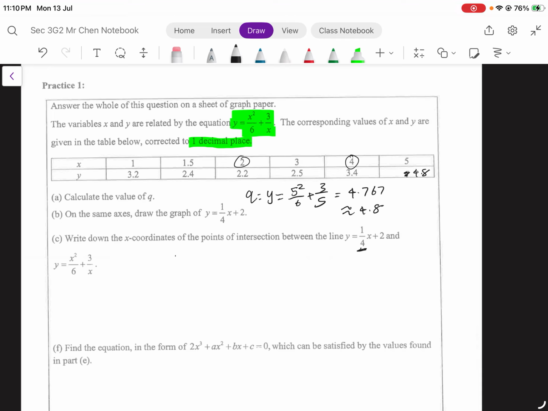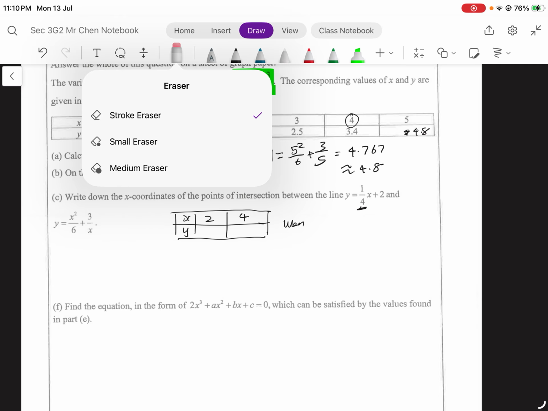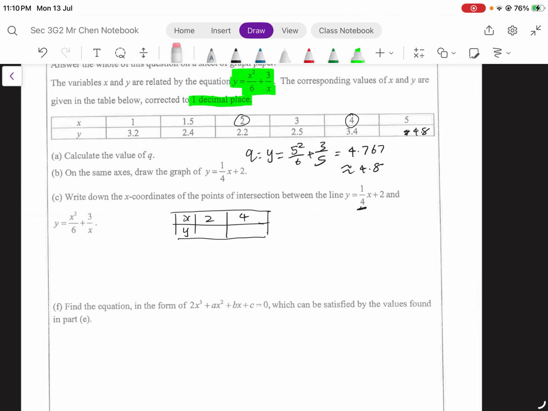So for here, let's draw the table again. This is a straight line, so we get x and y, 2, 4. When x equals 2, y equals 1/4 of 2 plus 2.